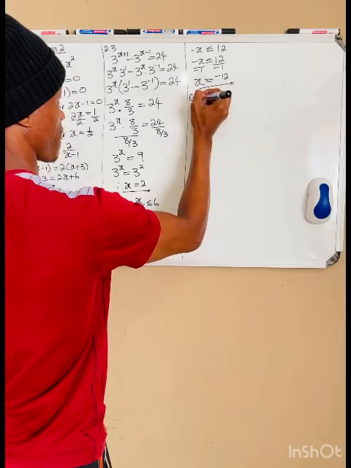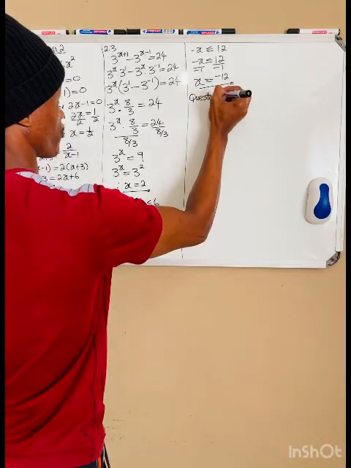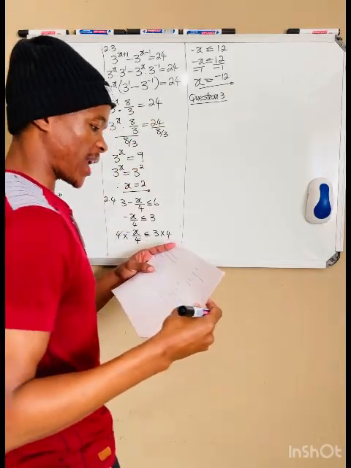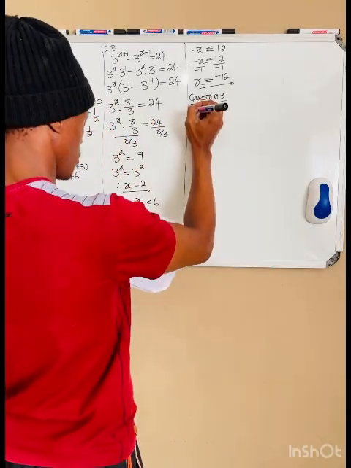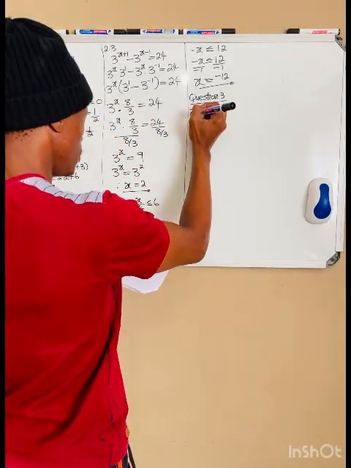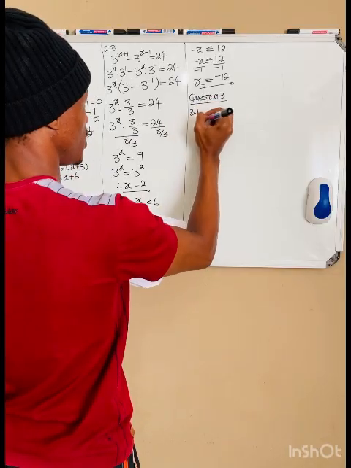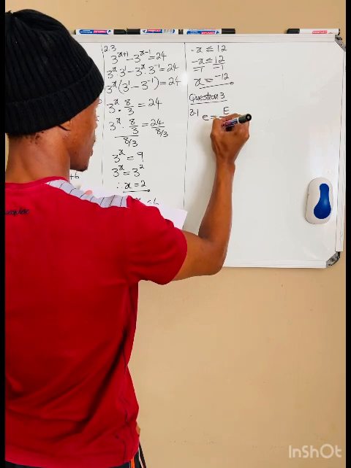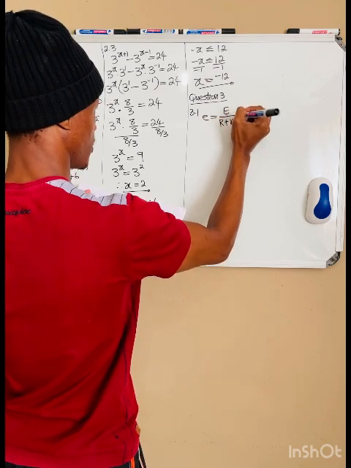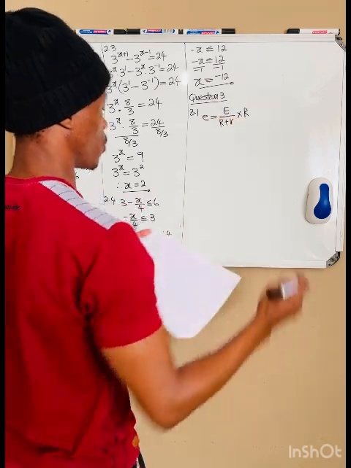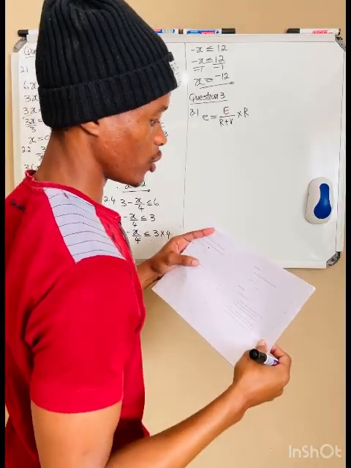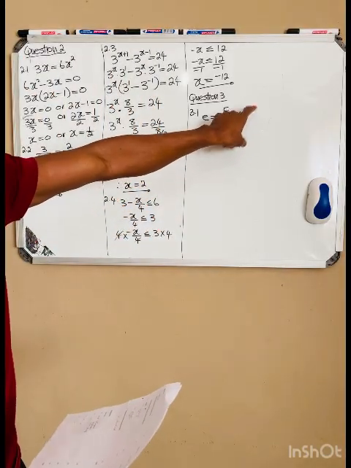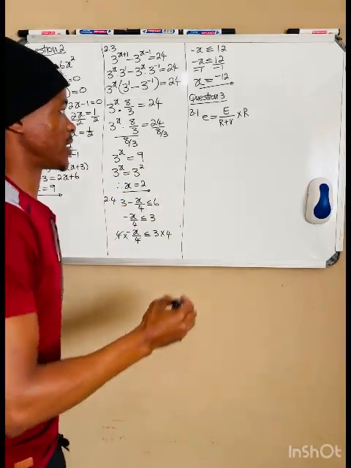So then question 3. They're saying change the subject to R in the following formula. 3.1, we have E equals E over R plus R, multiplied by R. So we need to change the subject to R. Now the subject of the formula is E, and we need to make R the subject.